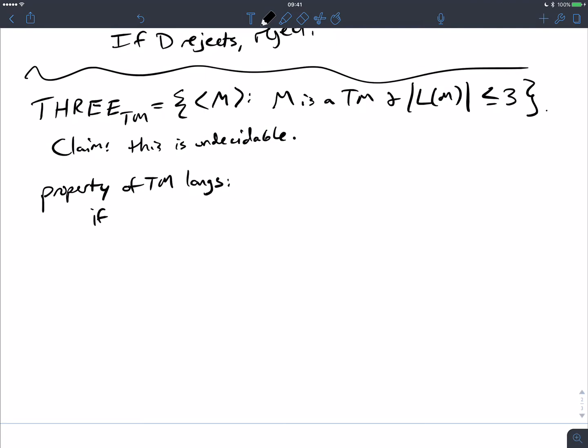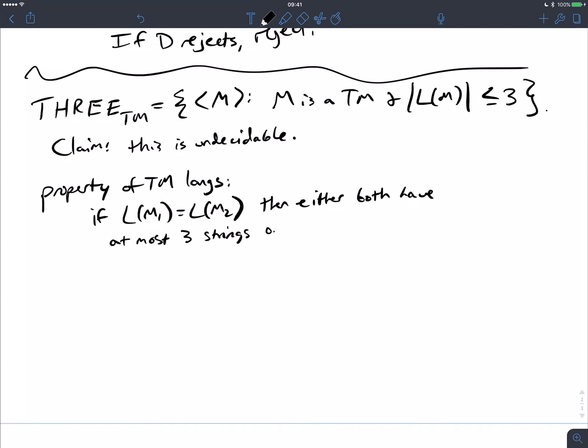So if L of M1 equals L of M2, could it ever be the case that M1 has 2 strings in its language and M2 has 4 strings in its language? No, because they have the same language. Then either both have at most 3 strings or neither do.